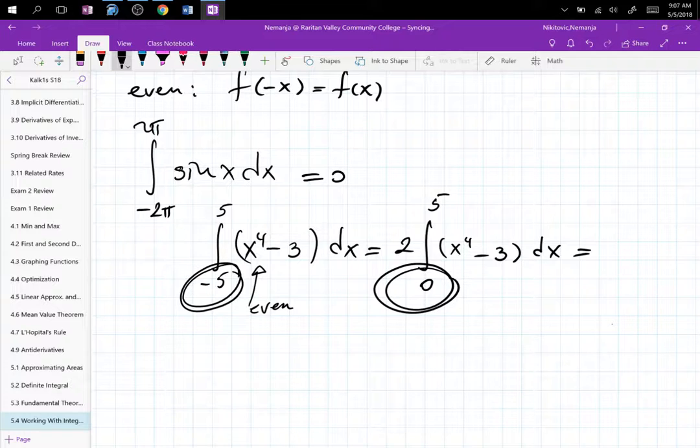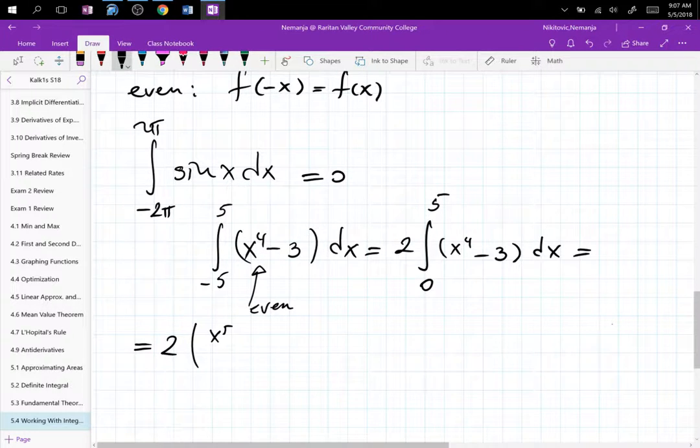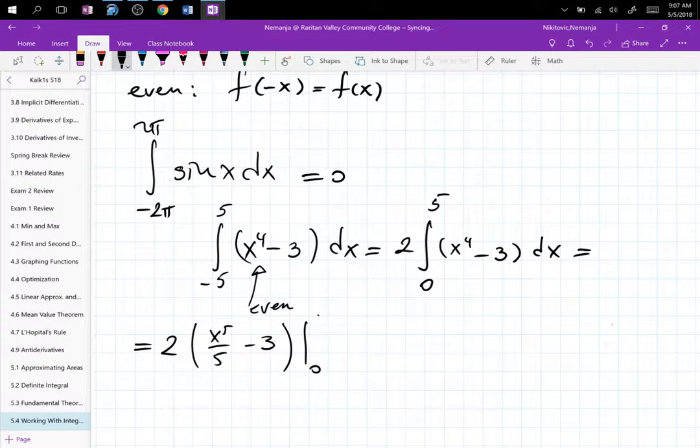You can use whatever methods you know from before. However, if you know them, you see that sine x gives a 0, and the one on the bottom is now easier to deal with. So I have 2 times x to the 5 over 5 minus 3x, computed from 0 to 5.